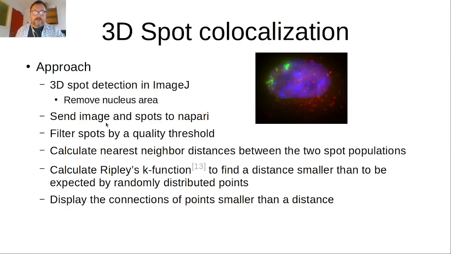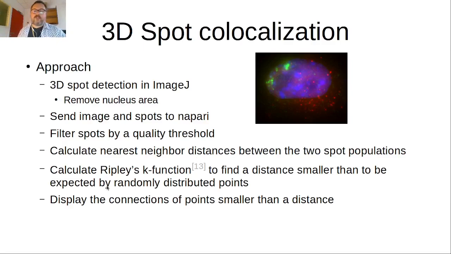Then we detect the spots, and we send the image and the spot coordinates over to Napari. There we can filter the spots by a quality threshold interactively with a slider on a histogram, and we calculate the nearest neighbor distances, this time between the two different spot populations.